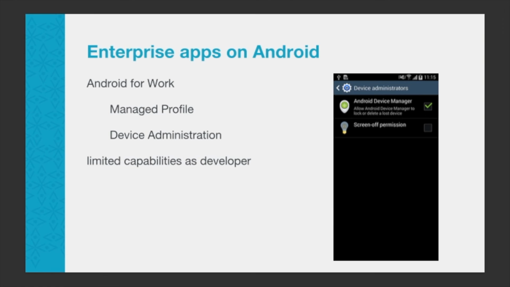The first part of this is the managed profile that was introduced recently, and this basically gives companies the possibility to have phones dedicated for work. So if you have a phone that you brought from home, you can have business apps in there, and they're totally separated under a different user on your phone.